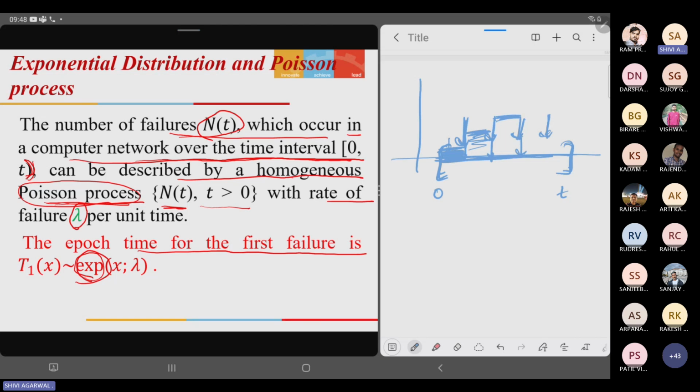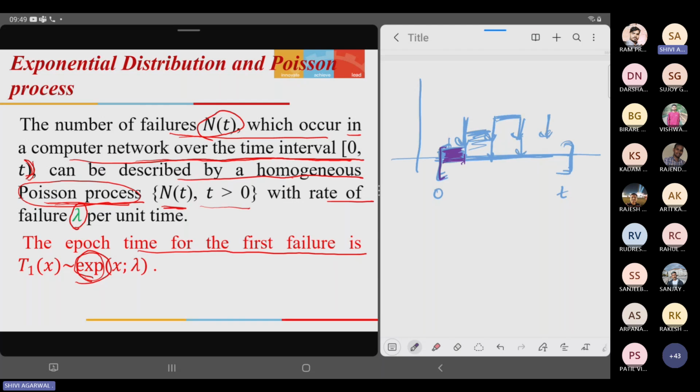This is the time gap, let us suppose, from time 0 to when the first event occurred. This is a continuous random variable and it follows the exponential distribution. That's why I'm saying the Poisson distribution and exponential distribution are used in combination here.